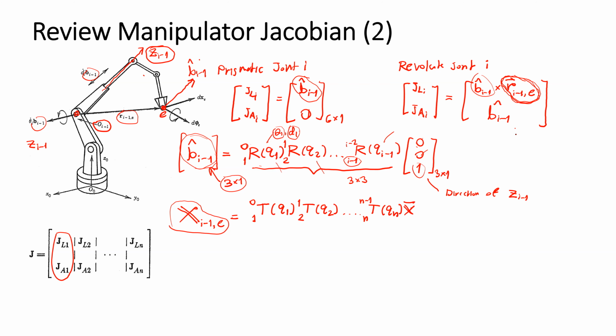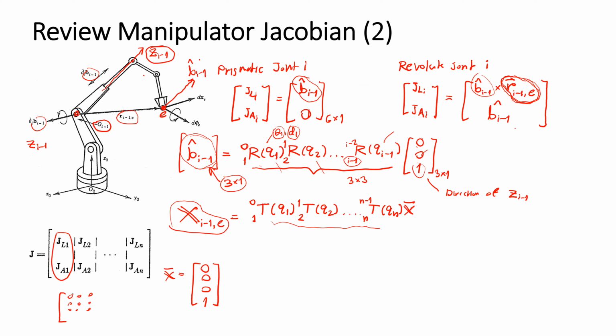The x vector means 0, 0, 0, 1. We know that the homogeneous transform is a 4x4 metric.